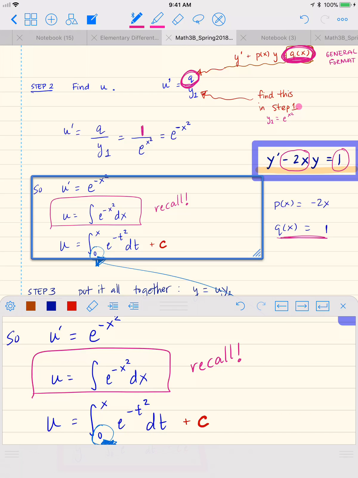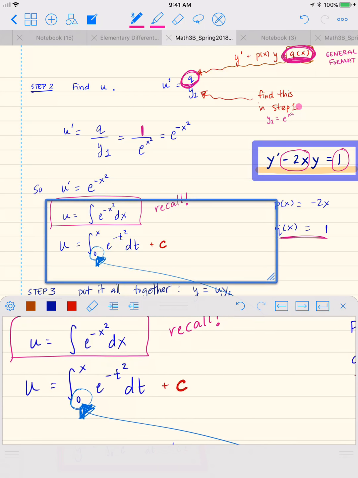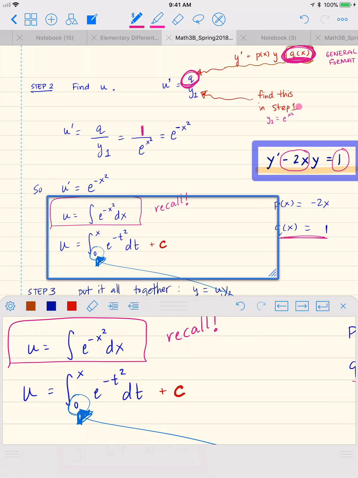If you try u substitution, it'll fail. There is no closed form, and you'll remember that from Calculus 1 or Calculus 2. So basically, using the fundamental theorem of calculus, we write u as the integral from 0 to x of e to the negative t squared dt plus a constant.